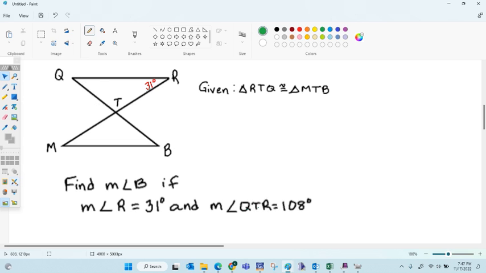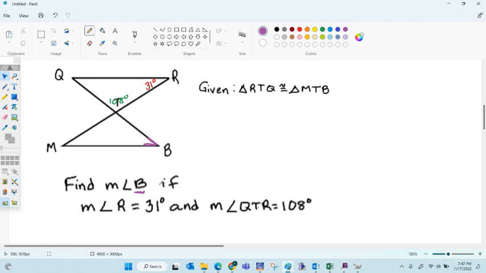Q to T to R. T is the vertex, so this angle right here is the one that's 108 degrees. And we want to identify the one we're trying to find. We're trying to find angle B. So we're trying to find this angle right down here, angle B. So how many degrees is in here?